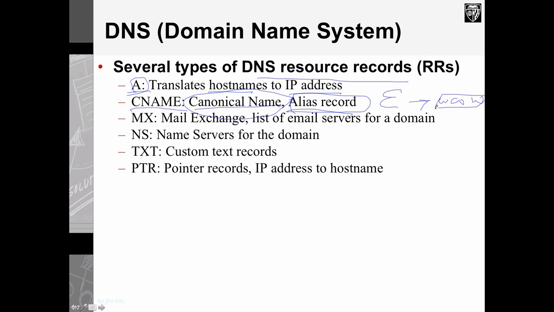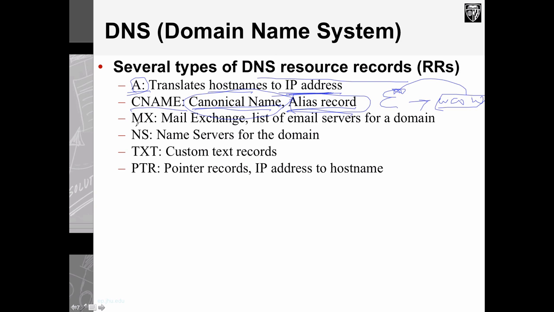If anybody is looking for www, it returns the IP address for Elvis, and then the client establishes that link. So CNAMEs are for our own benefit, for our users' convenience, but they are essentially alias records.